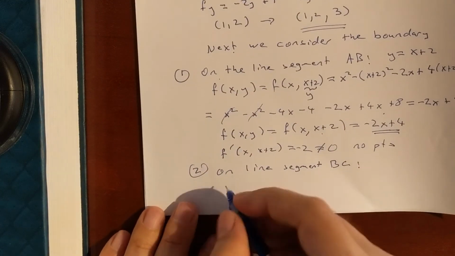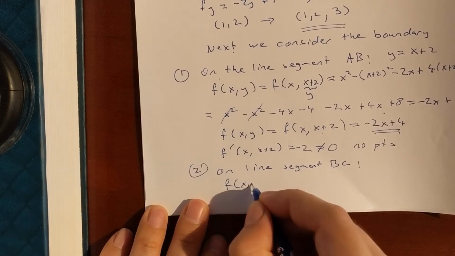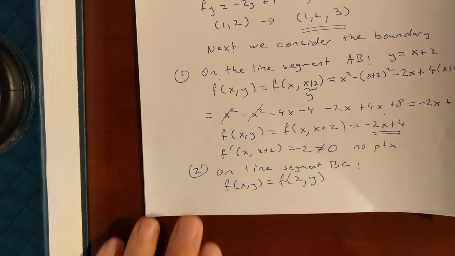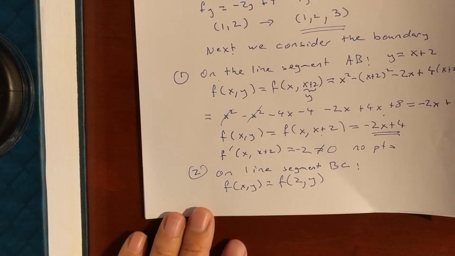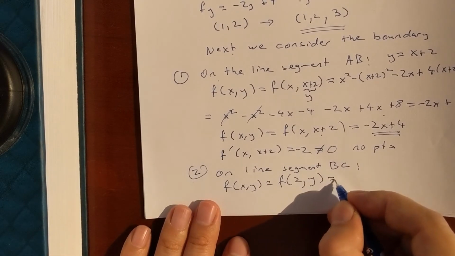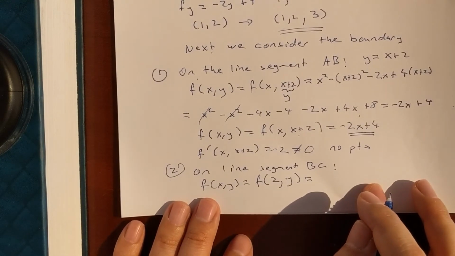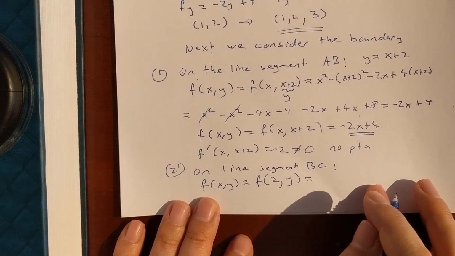So f of x, y is actually again a function of a single variable. It's just f of 2, y. Let's plug in everything here. Remember the function was x squared minus y squared minus 2x plus 4y.